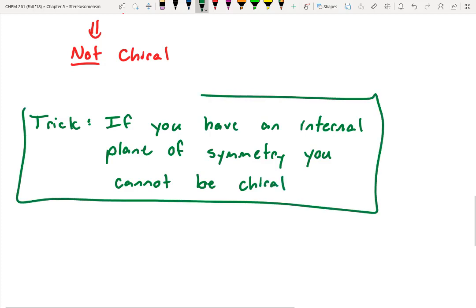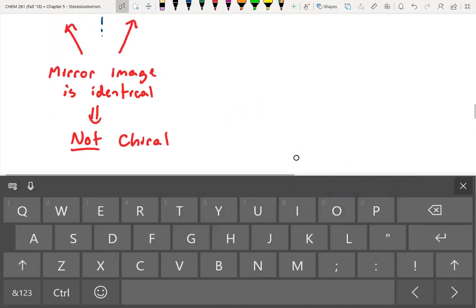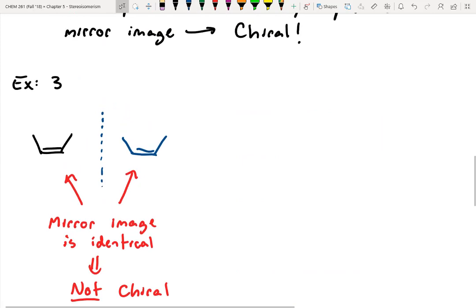So let's go back up and see if we can apply this to some of our examples, and I'll show you what I mean by an internal plane of symmetry. Let's look at this one up here. You see how this compound has an internal mirror plane in it? The left-hand side of the molecule is the exact same as the right-hand side. That means we know right off the bat that it's not chiral.